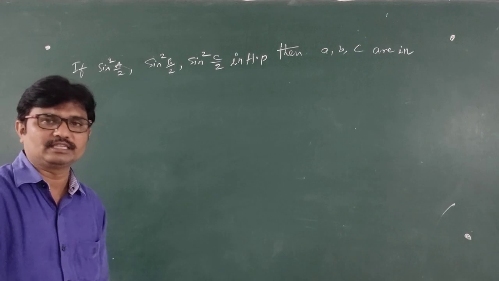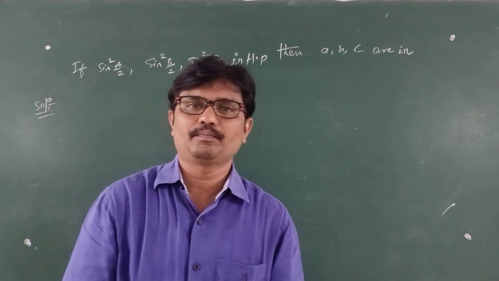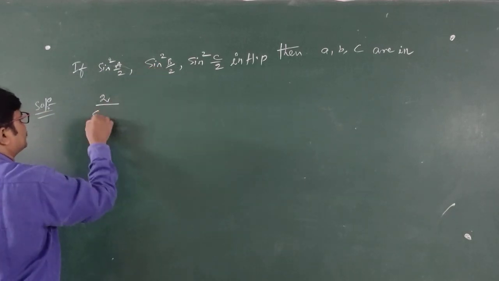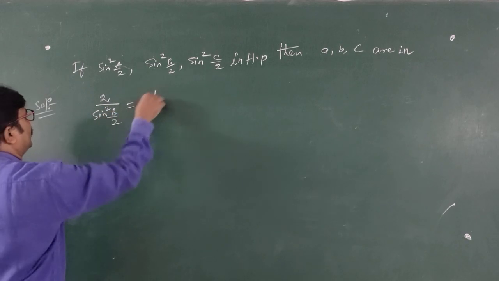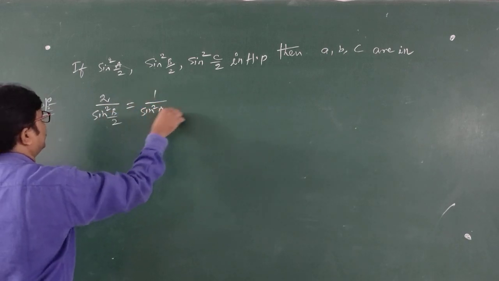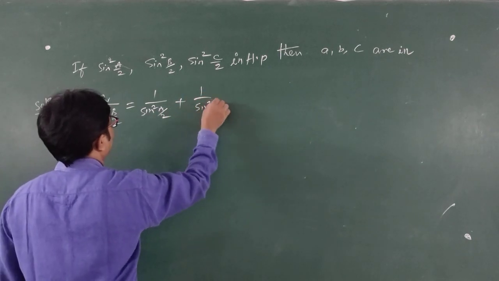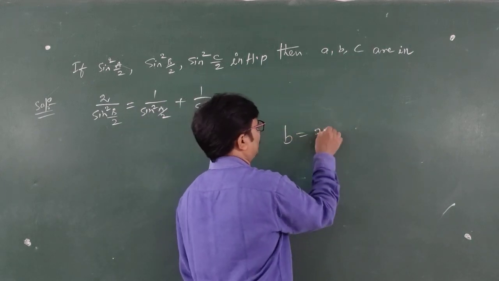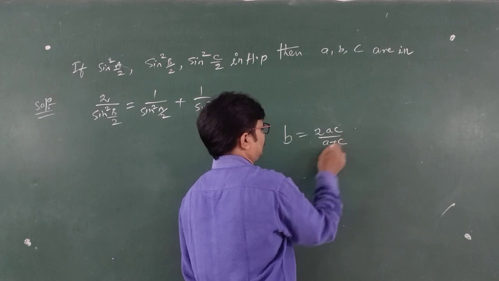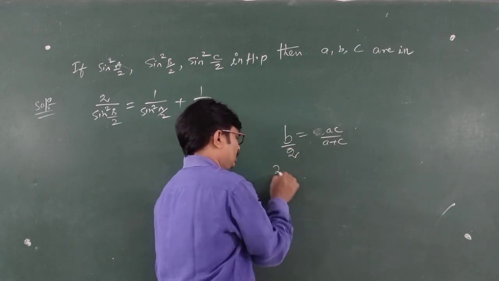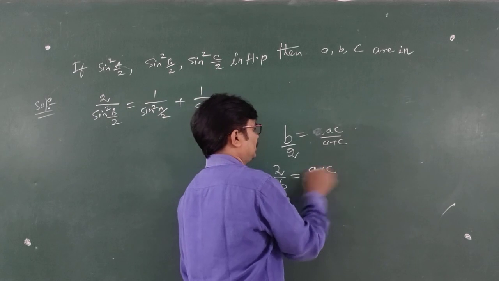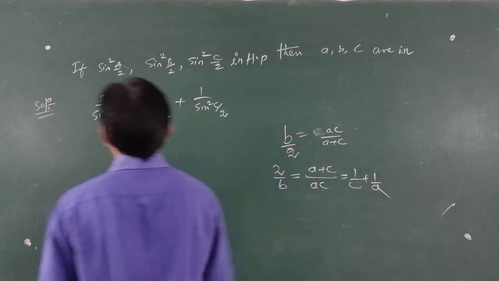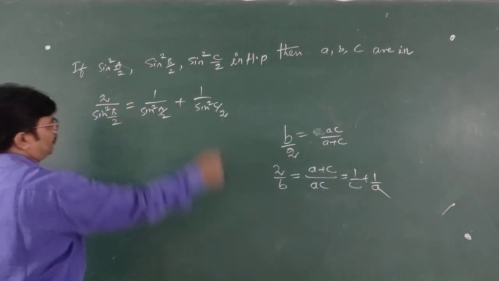That can also be written as 2 by b equals 1 by a plus 1 by c. Therefore, 2 by sin²(B/2) upon 1 by sin²(A/2) plus 1 by sin²(C/2). Now taking the reciprocal on both sides, we get 2 by b equal to 1 by a plus 1 by c.